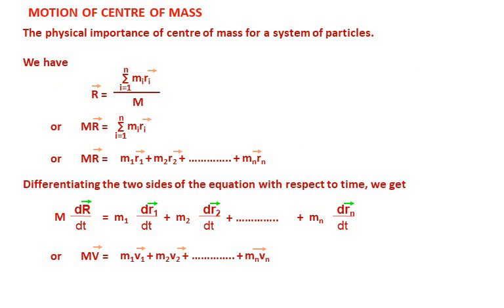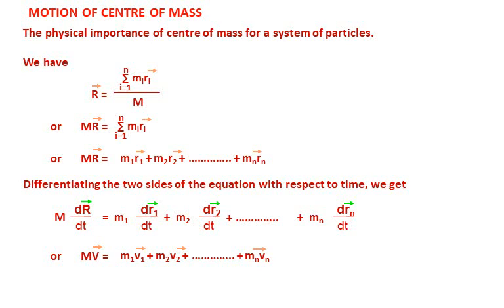Now, motion of center of mass. We know the formula of center of mass, that is R equals summation of i equals 1 to n m_i r_i divided by M in the vector form.